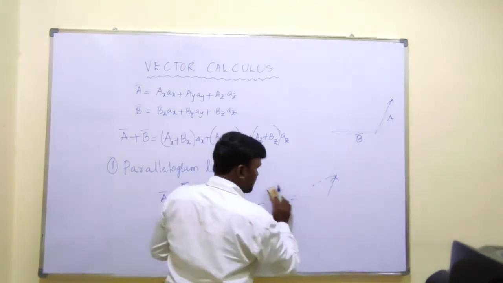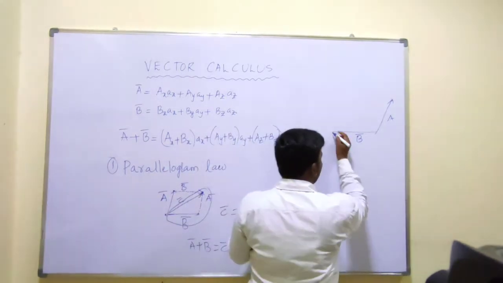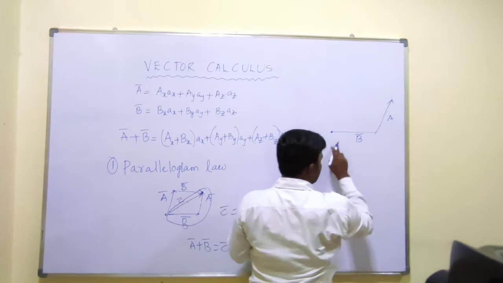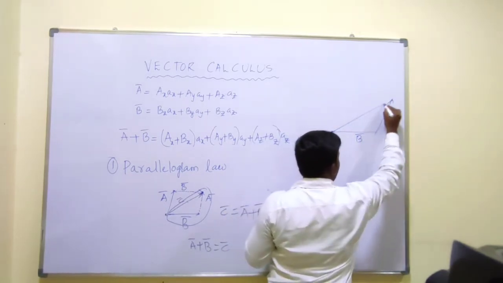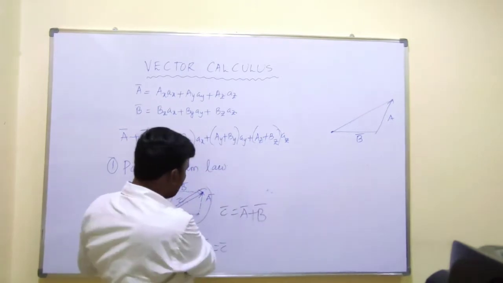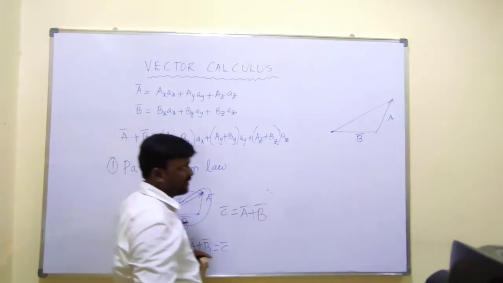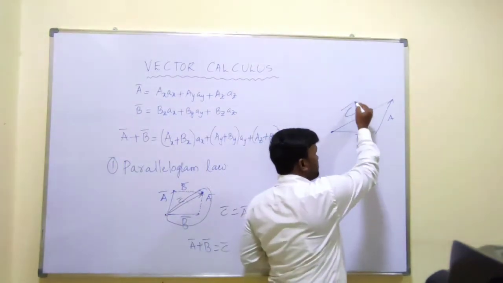Triangle. That means if you form a triangle with the help of these two points, that means starting point of this one and terminating point of another vector, like this, starting point of this b bar and terminating point of another vector, we will get what? That is c bar.